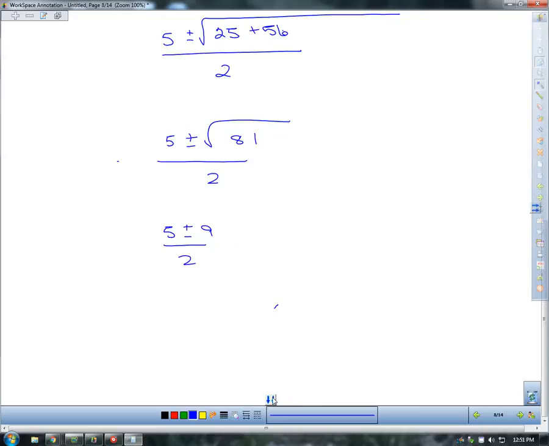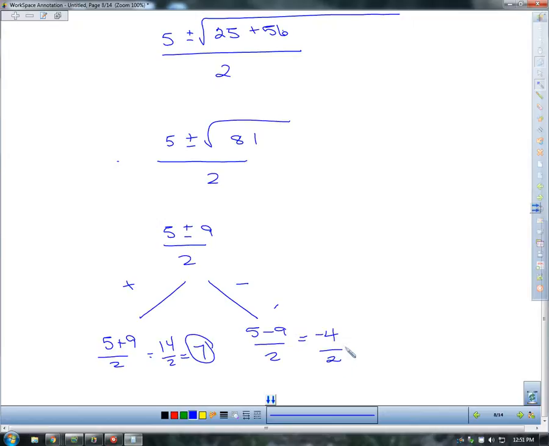When you get rid of your square root, or you simplify it to a point where you can't simplify it anymore, that's where you split your problem to a positive and a negative. So I'm going to do 5 plus 9 over 2, and 5 minus 9 over 2. So 5 plus 9 is 14. 14 divided by 2 is 7. 5 minus 9 is negative 4. Divided by 2, that's negative 2.